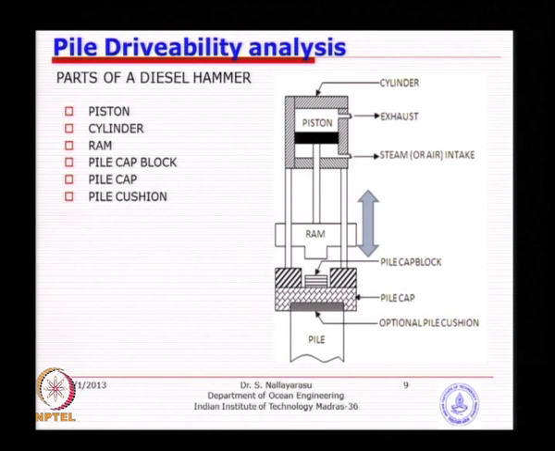and that is why we need to place a pile cap, which is nothing but a piece of metal which will be placed, but it should be held in position so that it does not jump, and you will have a cap block on which the ram will strike, so that potential direct contact of ram with the pile is avoided. Many times we use cushion, you see here between the pile cap and the pile itself.